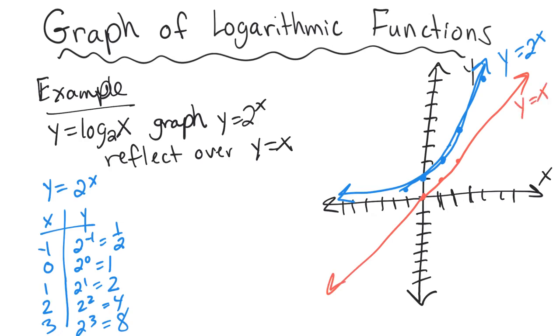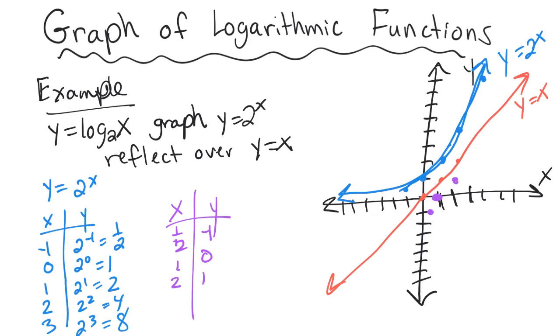Now, in order to reflect over the line y equals x, we take each xy point from our chart and flip it. So rather than negative 1, 1/2, we're going to graph 1/2, negative 1, so over 1/2, down 1. We graph the point 1, 0, so over 1, up 0. We graph 2, 1, so over 2, up 1.